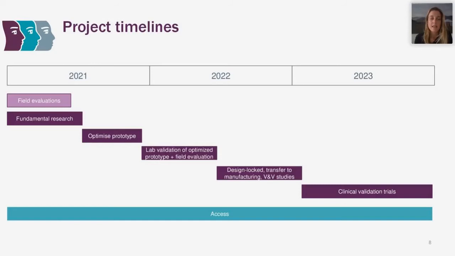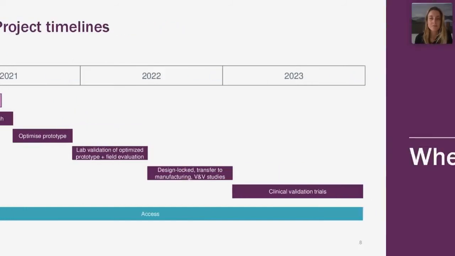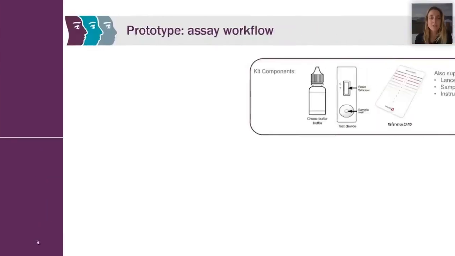It will then be lab validated and optimized with a further smaller field evaluation before it goes into design lock, transfer to manufacturing, and validation verification studies in the laboratory setting to then move into the clinical validation trials. But with all of this going on, we will start working in depth on the access activities in partnership with Merck, but also other partners.